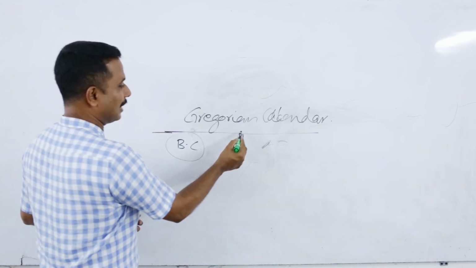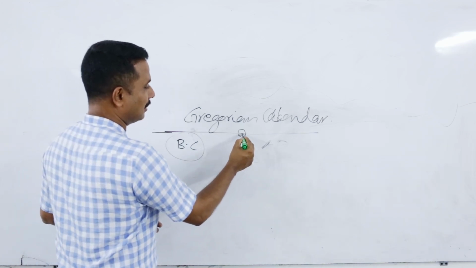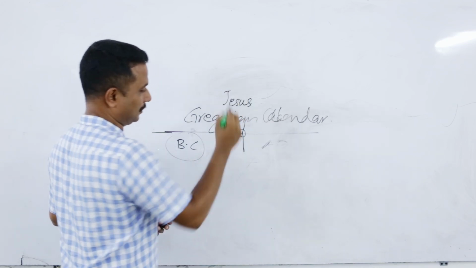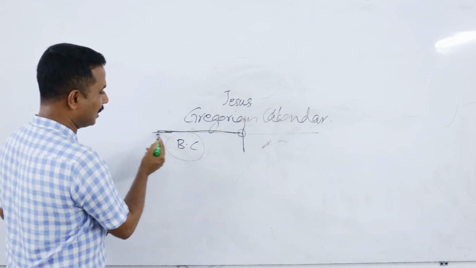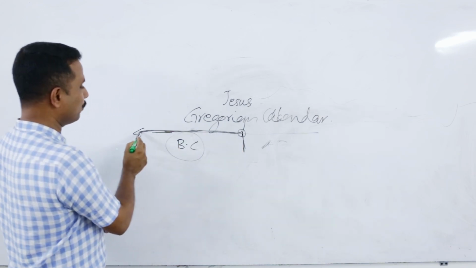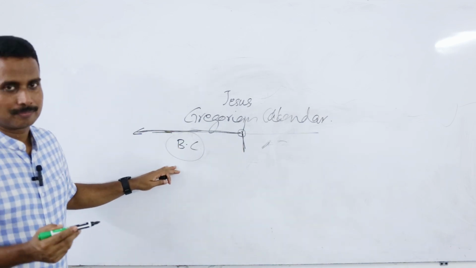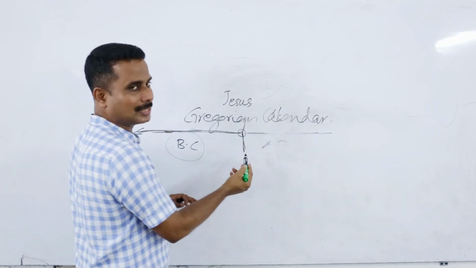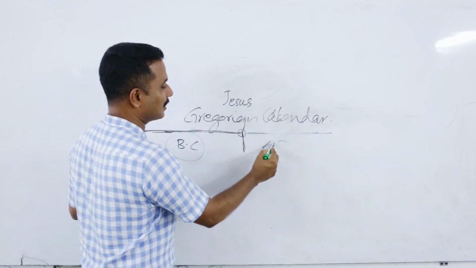That means this calendar started with the year in which Jesus Christ was born. All developments that happened before Jesus Christ was born are classified under BC, and all those that took place after his birth are classified as AD.